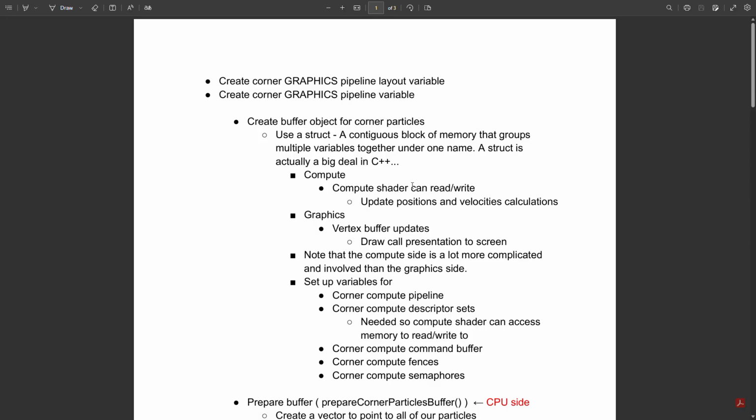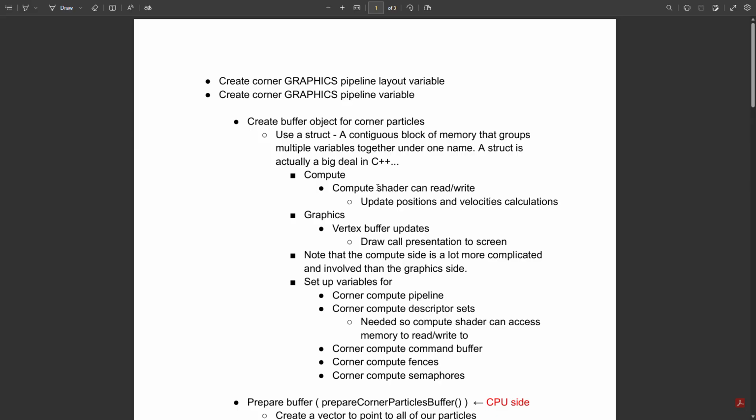When I say the word shader, you guys know by now, that implicitly means GPU side stuff. So with a compute shader, we're doing computations on the GPU side, right? And we use the language GLSL to write the shader, and then that shader basically gets compiled down to SPIR-V, right?